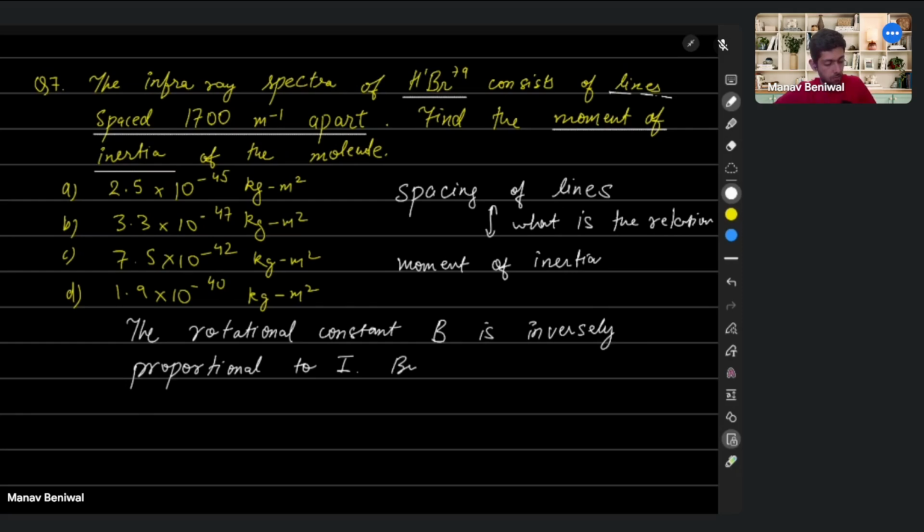So by measuring the spacing, we determine B, and then calculate I.